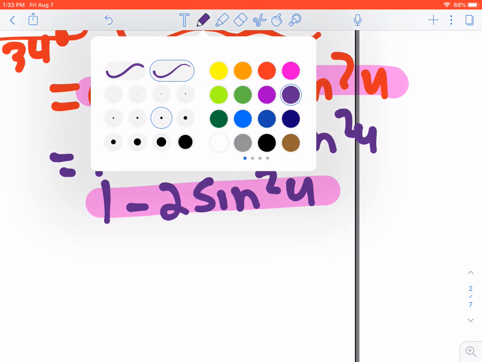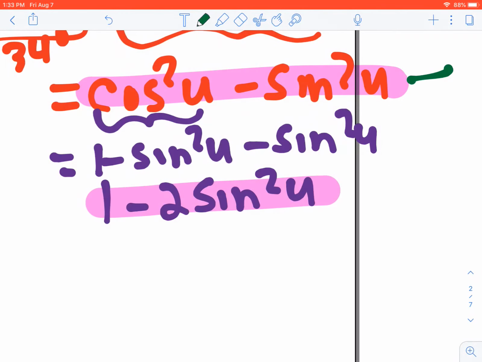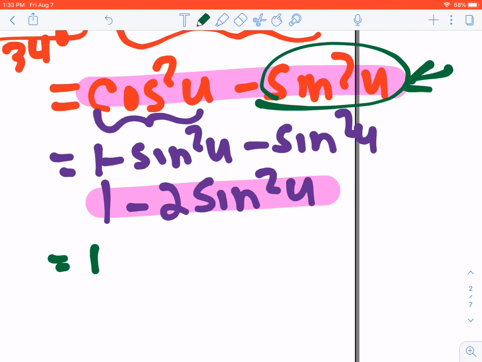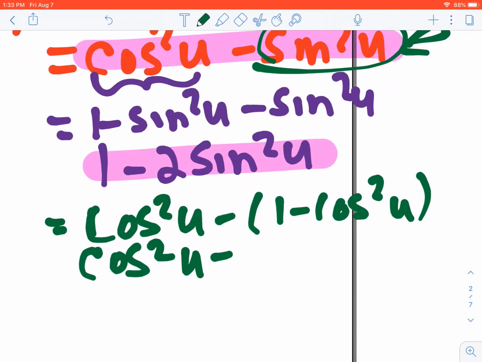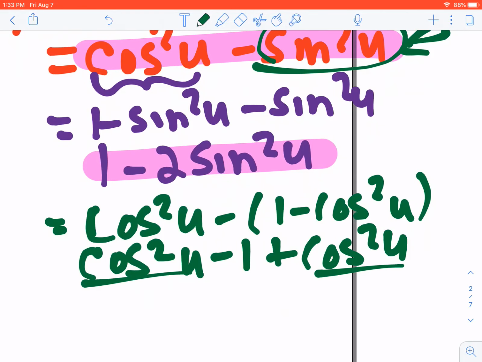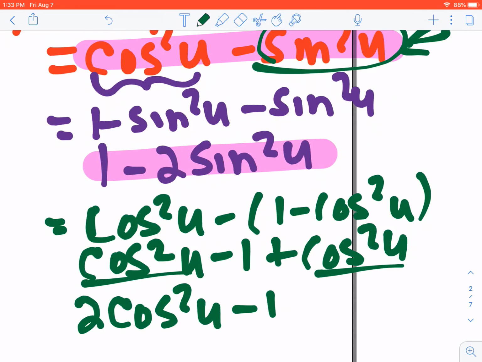Furthermore, if we go back to the original cosine squared u minus sine squared u, I can keep the cosine squared of u the same, but put in 1 minus cosine squared of u as a Pythagorean identity. That gives me cosine squared of u minus 1 plus cosine squared of u. When I combine like terms, I get 2 cosine squared of u minus 1.